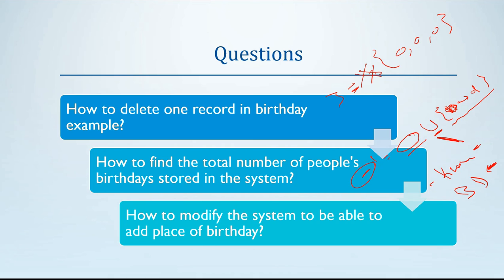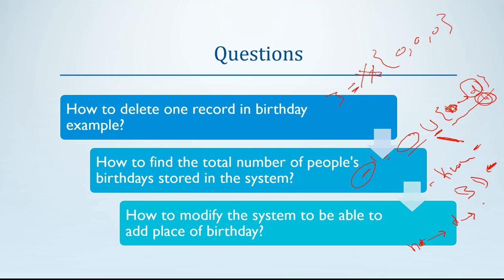How to modify the system to be able to add the place of birthday. We have now the date. How do we add the place of birthday? You have to find how to add the place of birthday. Maybe we just say the name, n, and then we have the date.